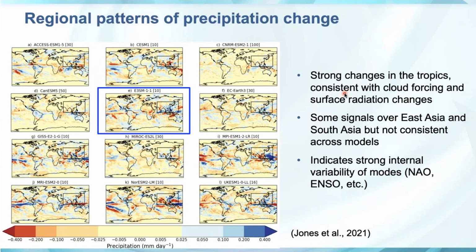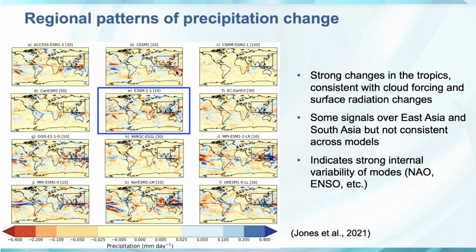So precipitation changes, as you have seen in the global mean responses, are very different among the different models, and also the regional patterns are quite different as well. For example, in all models you see very strong changes in the tropics, which are also consistent with what we see in the radiation and temperature response related to cloud forcing.